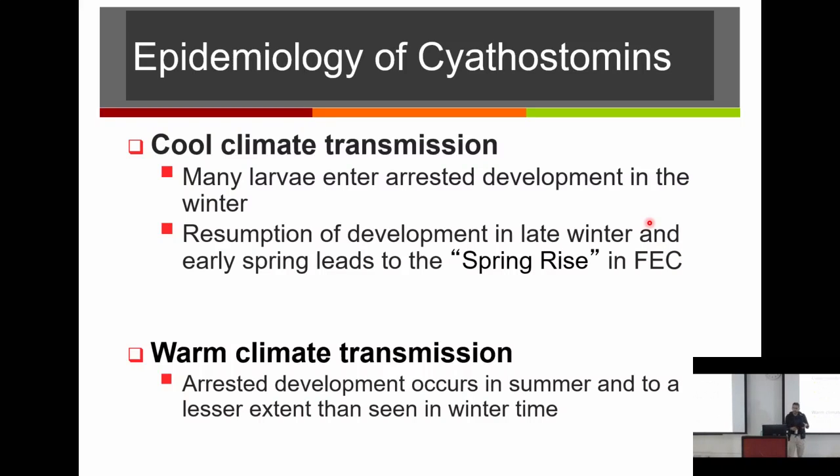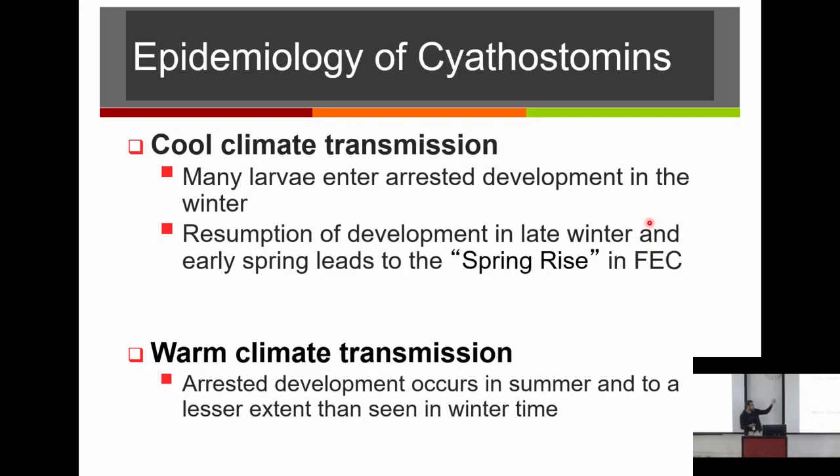However, in the case of the warm climate transmission, the arrest of development will happen in the summertime, and then they come back and change their stage normally in the winter time, because in the warm weather, the winter time is not so cold like cold climate conditions.